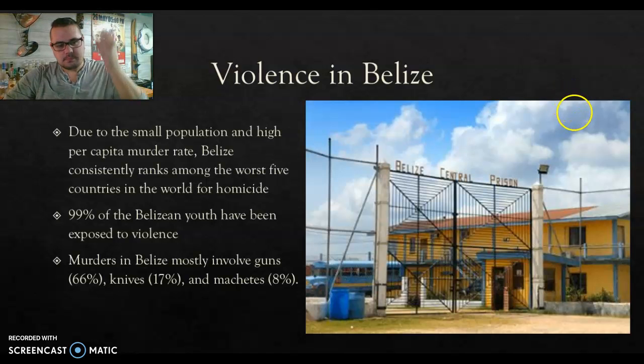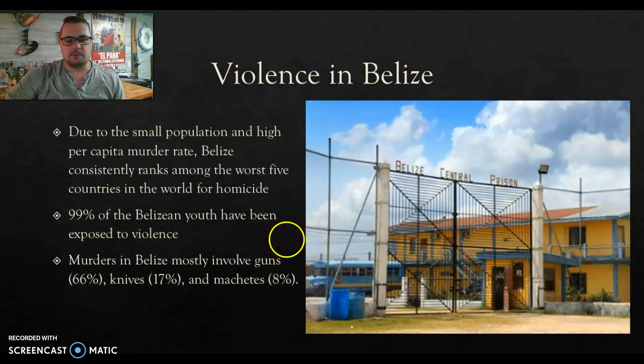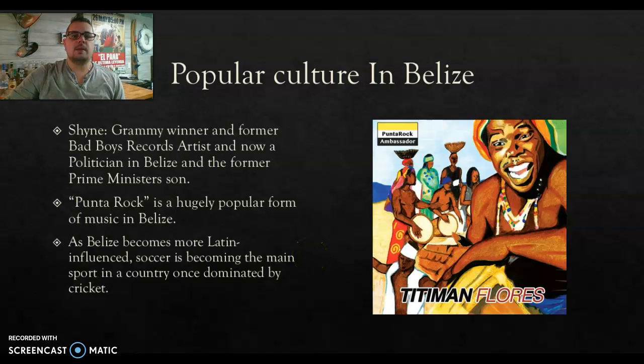I was reading in a couple different articles that about 99% of Belize youth have been exposed to violence, and that's up significantly from other Caribbean countries, specifically Jamaica, whose youth only have about 52% exposed to violence, according to the article.